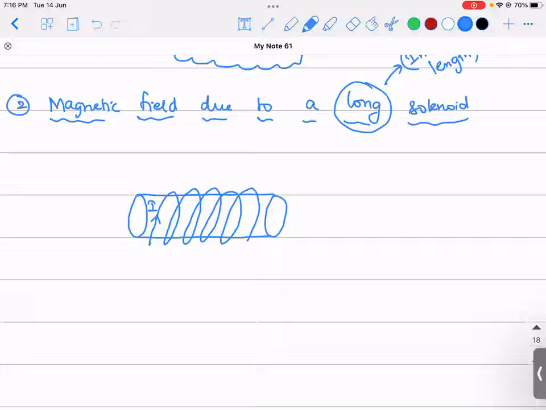Now, I is into the plane at the top and out of the plane at the bottom. That is the direction of current.